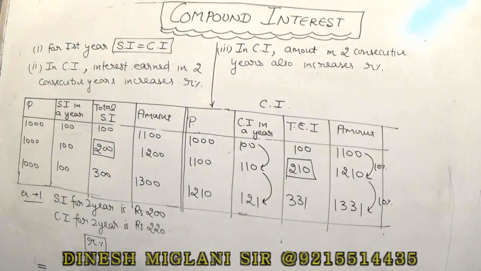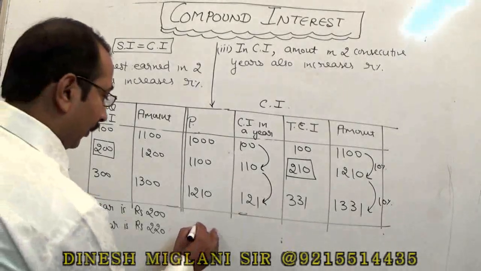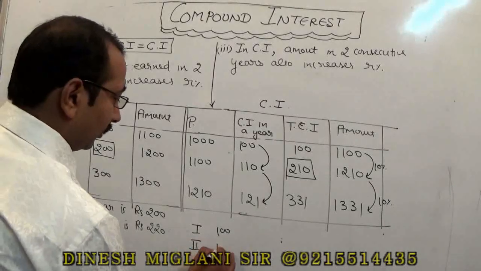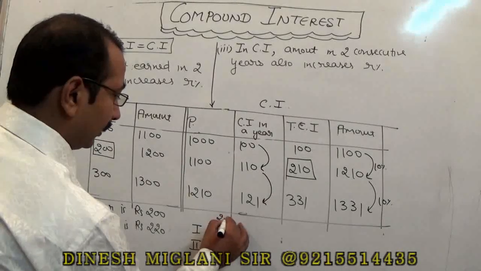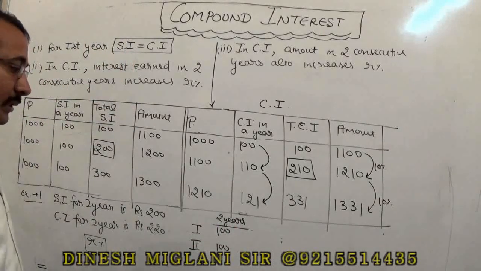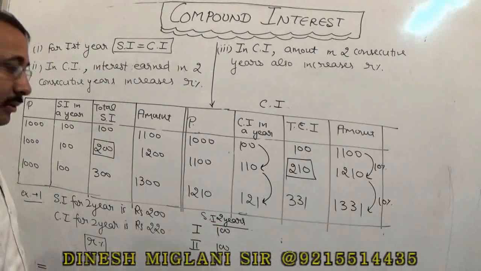It means if for 2 years my simple interest is 200, for the first year it is 100, and for the second year it is also 100.